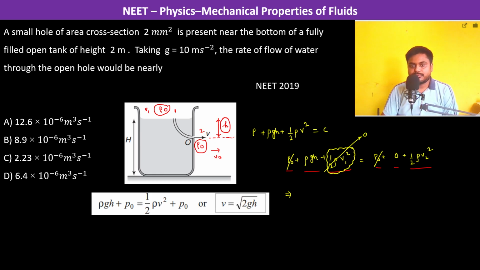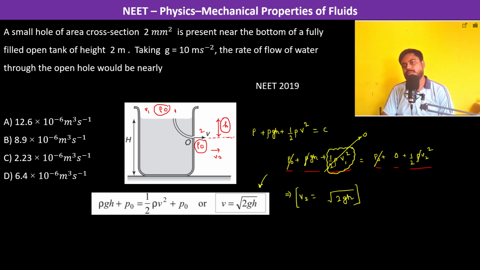Therefore rho gets cancelled, and v2 becomes root over 2gh. So that's the entire derivation.